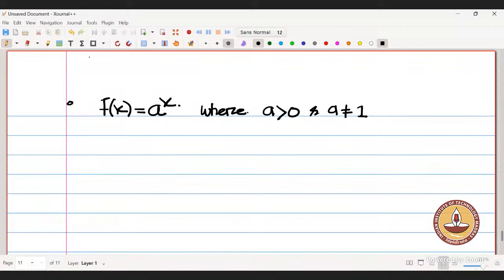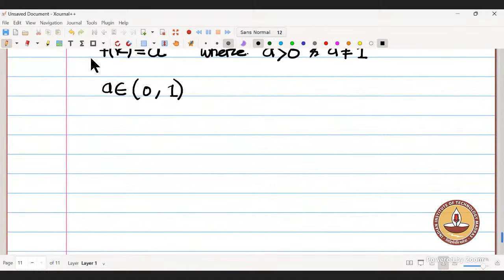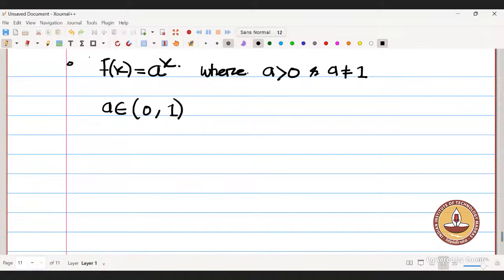The nature of this map depends on the values of a. If a is in this range, the map behaves slightly differently from when a belongs to this interval.